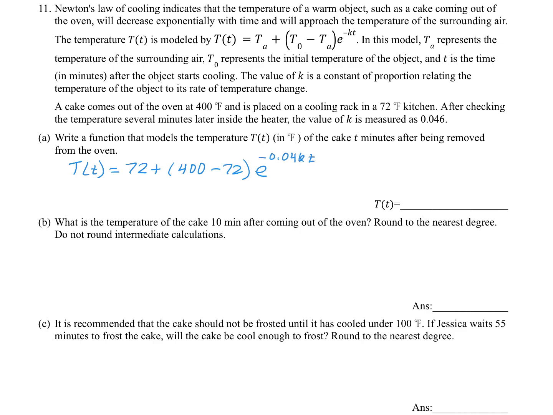So that is our exponential function. Of course, I can simplify. 400 minus 72 is 328. So when I write my function down, it's going to be 72 plus 328 times e to the negative 0.046t.